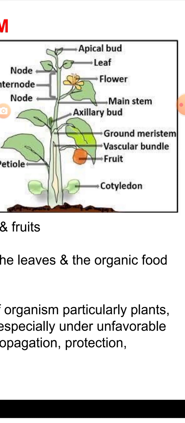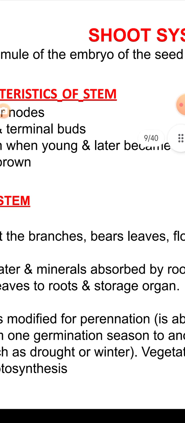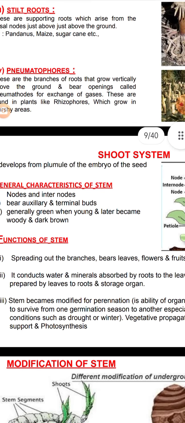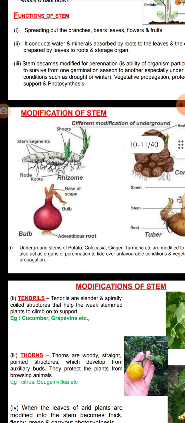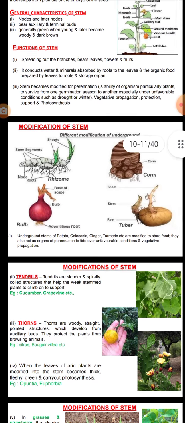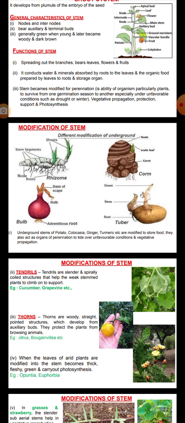Only when the winds blow very fast can we see the plants bending towards the ground. That is because of the collenchyma tissue. As we usually know, the functions of the stem are to bear flowers and fruits and to help in the conduction of water, minerals and food through the xylem and phloem tissue.